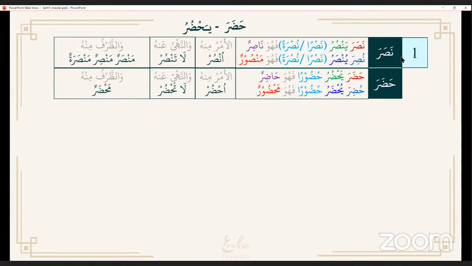I wrote all three so that you can remember them. But how do you know that hadara is mahdarun? I took the first version, mahdarun. How do I know that only this is valid for hadara? Again, I will see the dictionary, so I will go back to the dictionary.